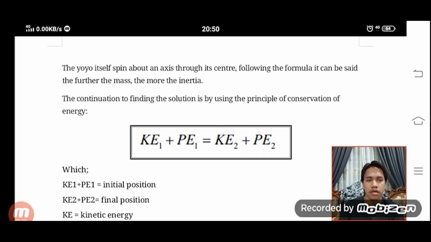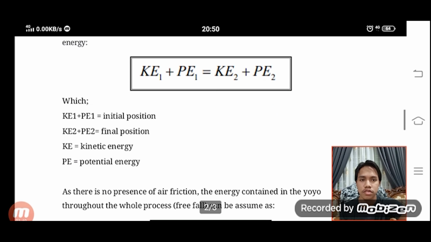Okay, so the continuation to finding the solution is by using the principle of conservation of energy. In this case, the yo-yo case, the principle of conservation of energy is Ke1 plus Pe1 equal to Ke2 plus Pe2, in which the 1 is the initial position and 2 is the final position. The Ke is kinetic energy and Pe is the potential energy.